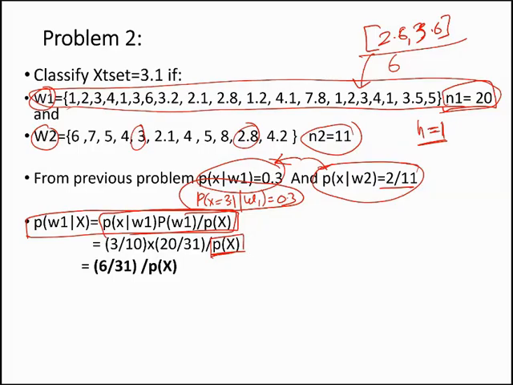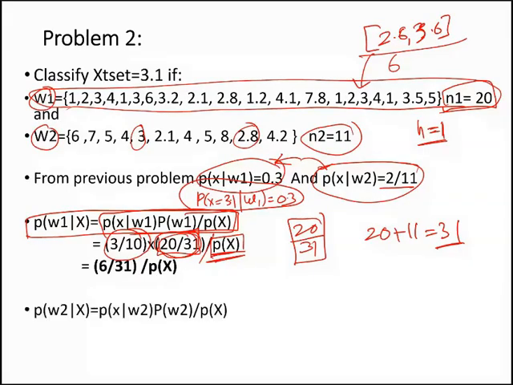Now what is this 20 by 31? So this is the prior knowledge, because there are 20 plus 11, total 31 samples. Out of 31, there are 20 samples for omega 1. So I'm just taking this as 20 by 31 as my prior. So this is likelihood, this is prior divided by P of x. Okay, so it will be, I think, 6 by 31.